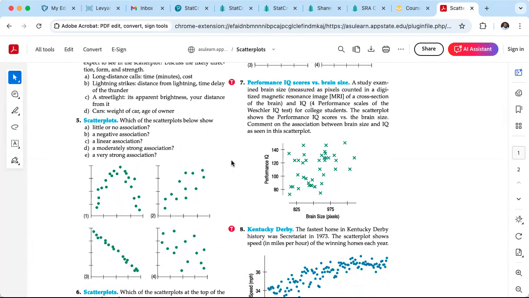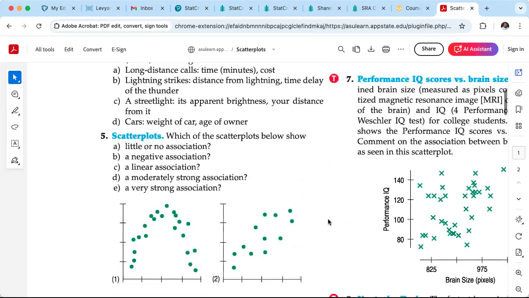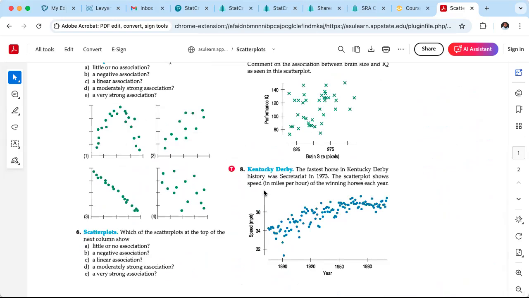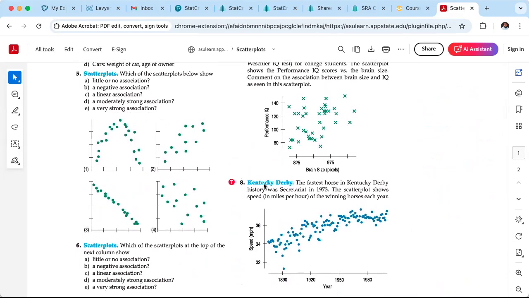It's on As You Learn. So open As You Learn. I think the pictures are clear on the screen except the writing might be difficult. So try to open that on your As You Learn.